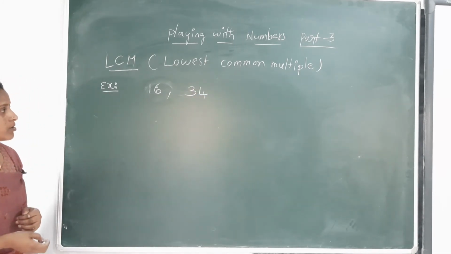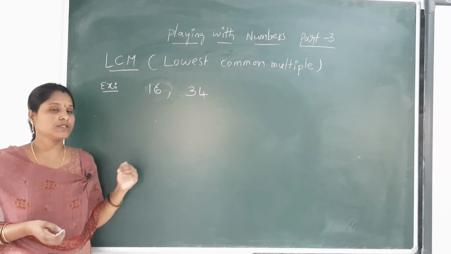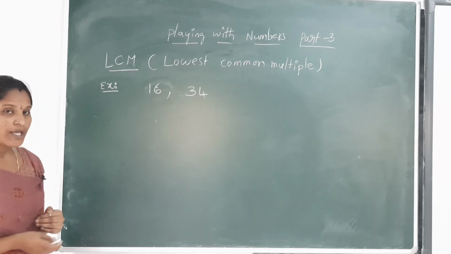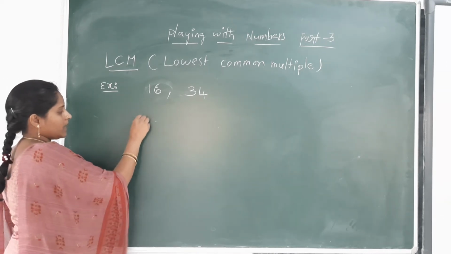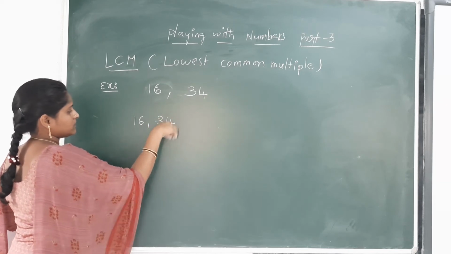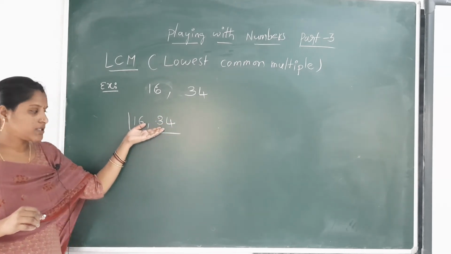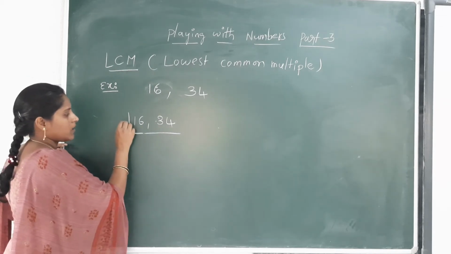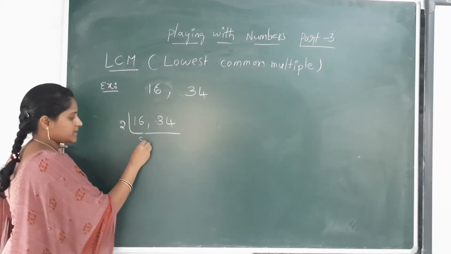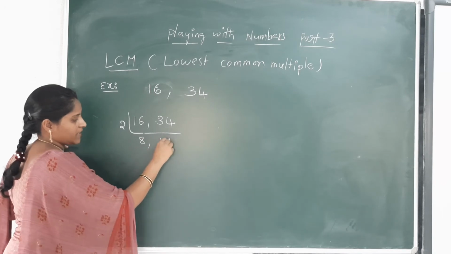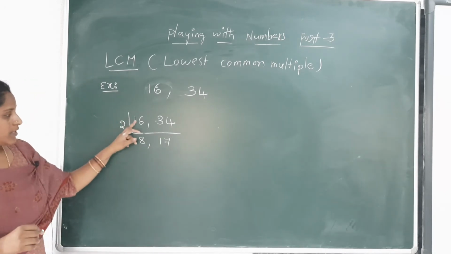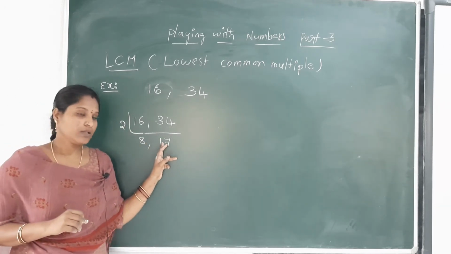Now we are going to find the LCM for these two numbers using the division method. We have to take the number which is common for these two numbers. I have drawn it here. 2 table is common here. 2 8s are 16, 2 17s are 34.